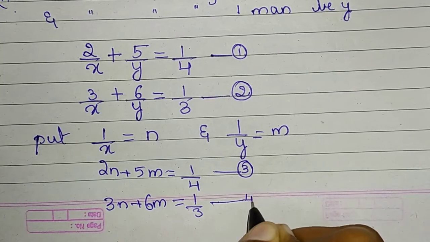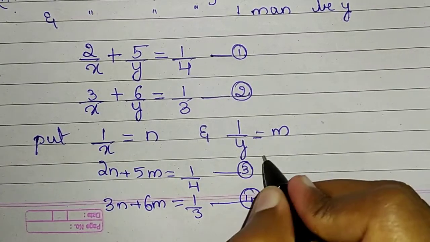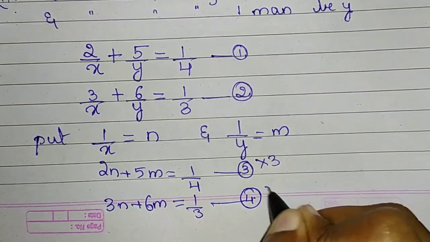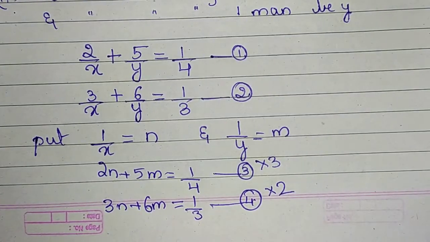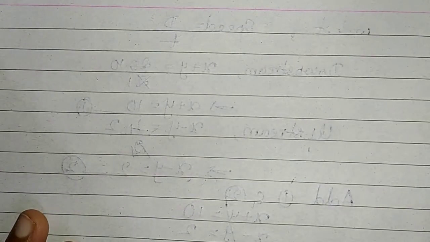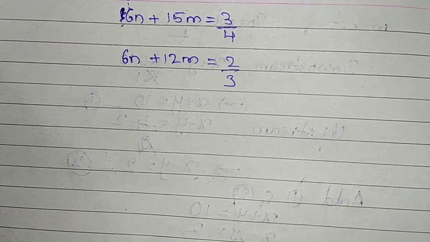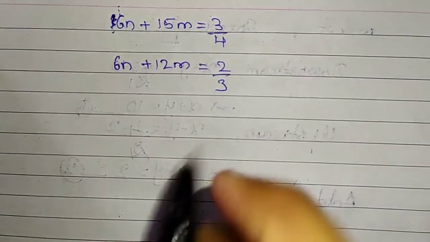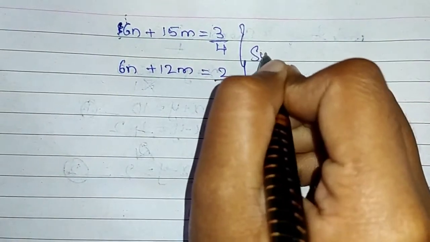This is the fourth equation. Let us eliminate N. So multiply by 3, multiply by 2. On rewriting the equations and multiplying, we get these equations. Now we are going to subtract them.